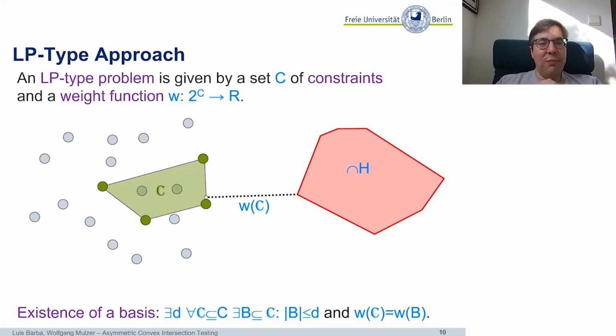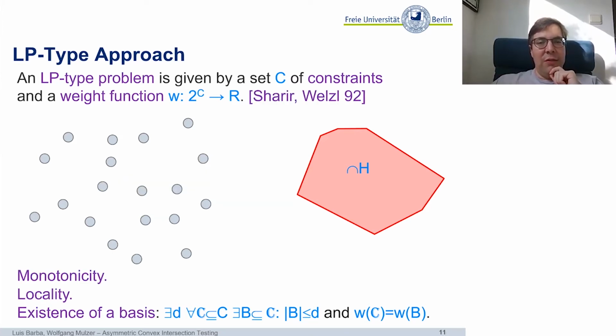This is the most important axiom that we need for the LP-type approach to work on an LP-type problem, but there are two more, which are somewhat intuitive, so I'm not going to go into more detail.